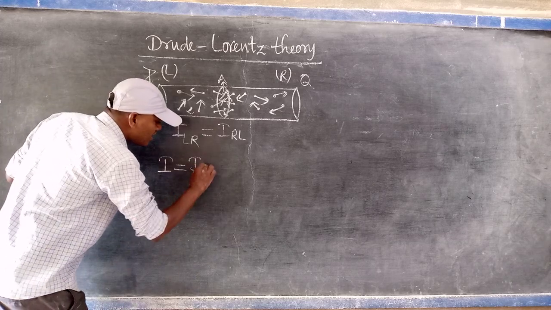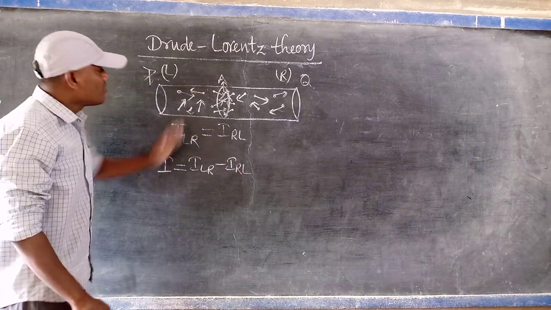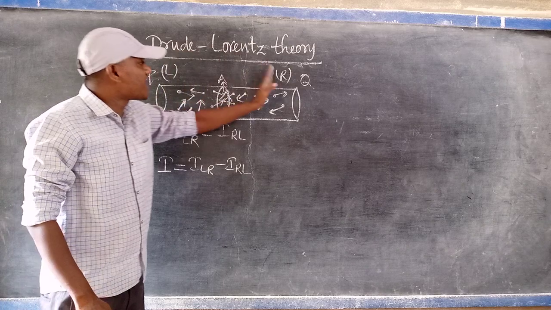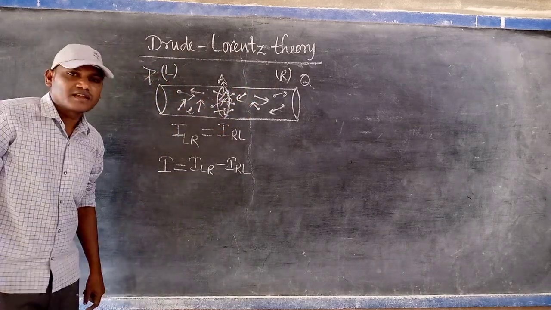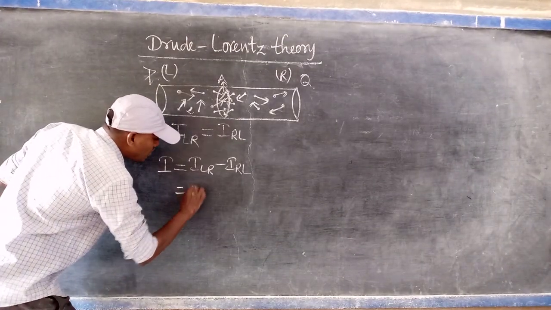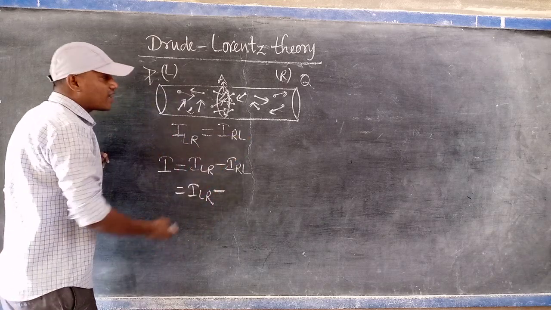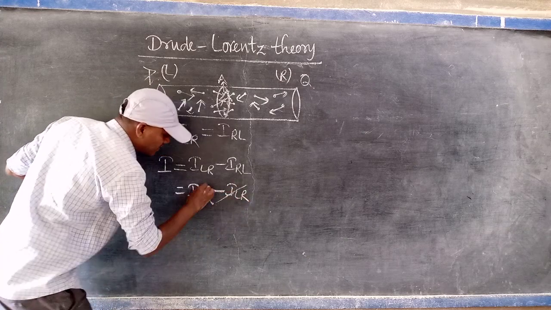That is I of LR minus I of RL, because the electrons which move from left to right, and the electrons which move from right to left, are in the opposite direction. That is I of LR minus I of RL is equal to zero, because both have the same magnitude, so they get cancelled.